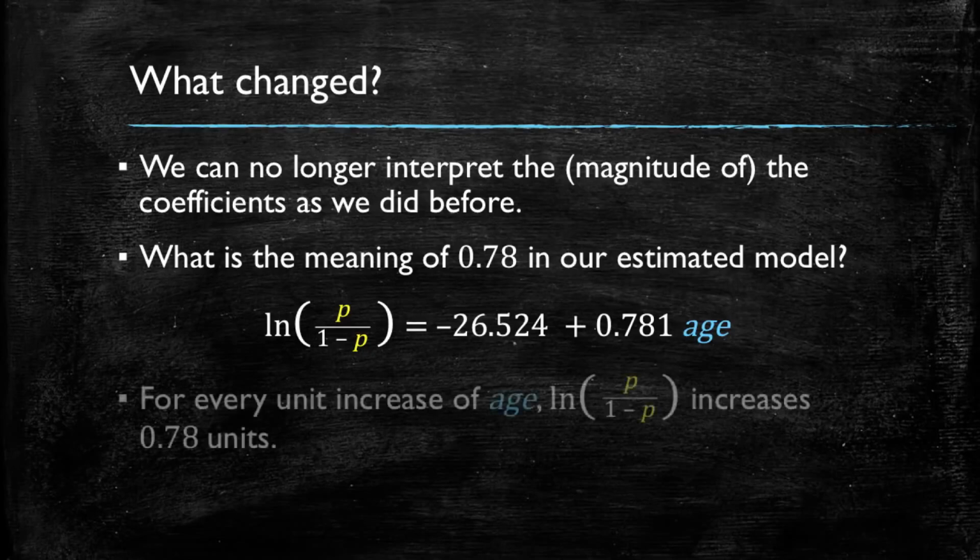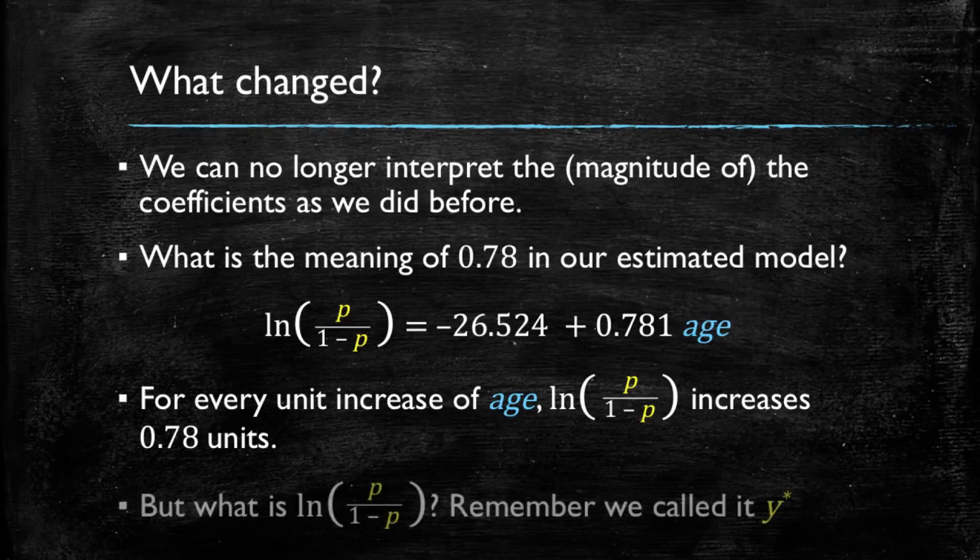Well, if we think in linear terms, we would say that for every unit increase of age, the log of p over 1 minus p, the dependent variable, increases by 0.78 units. But what exactly is the log of p over 1 minus p? The coefficient really makes little sense to us, and we don't really know what a 0.781 increase in that particular metric implies. Now, remember that we had called this y star as well.